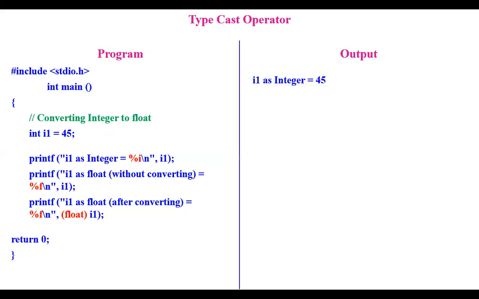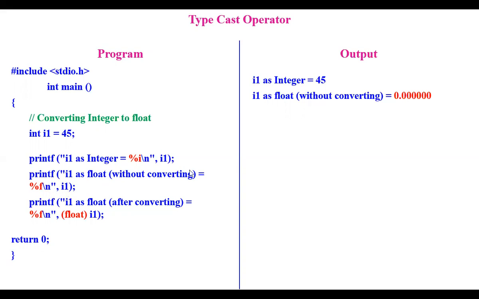Compile and execute. I1 as integer, its original value is shown, 45. Next, oh God, we got all zeros. What happened? You're wondering? The thing is, without converting, we tried to display this integer value as a float.